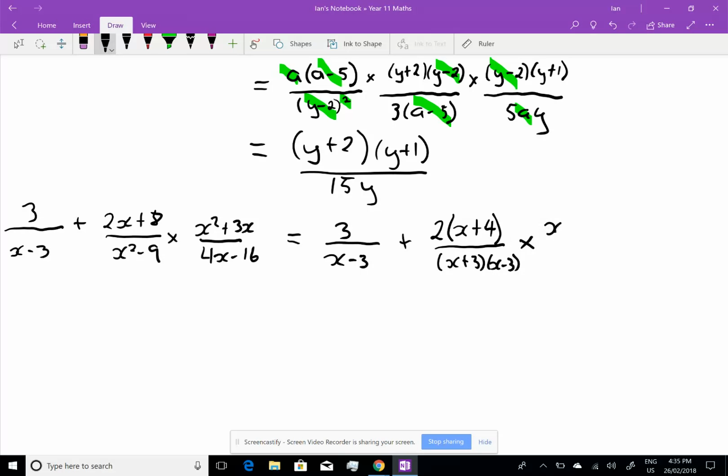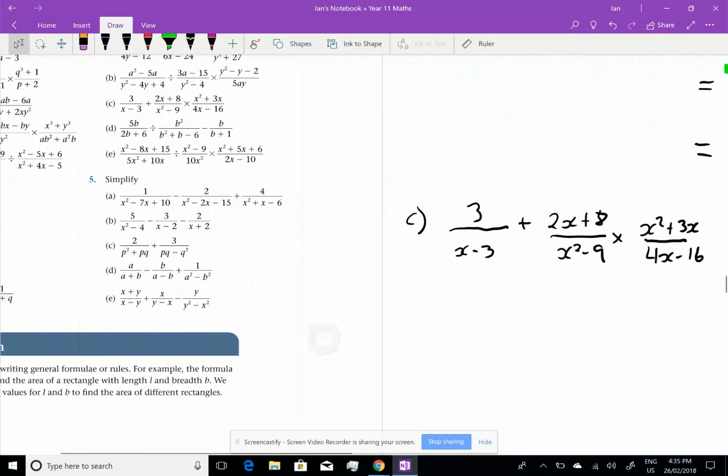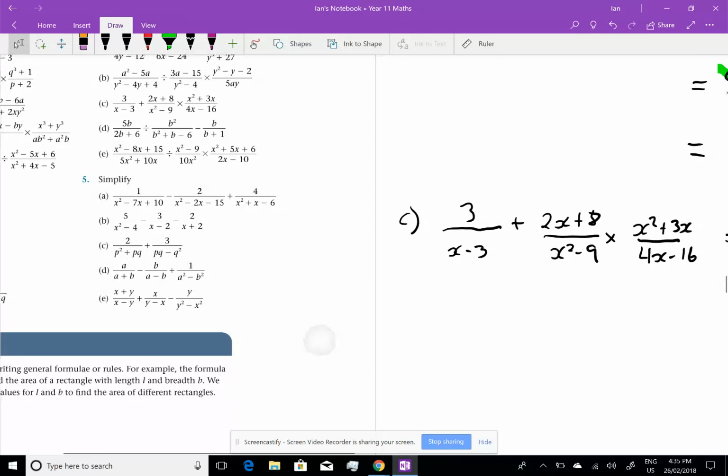At the top here, I'm going to take x out of x squared plus 3x. And on the bottom here, I'm going to take 4 outside of x minus 4. Did I write that right? Because I'm thinking that should be... Oh, that's right. Yep.